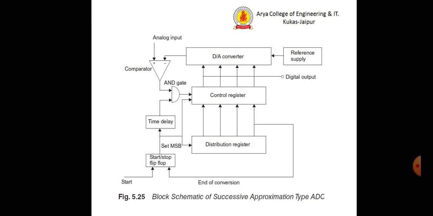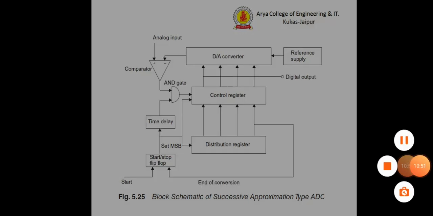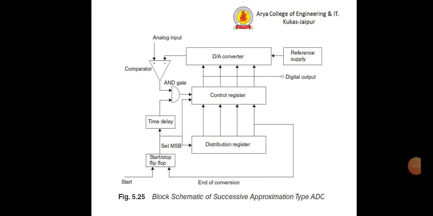When the input voltage and the output of the D to A converter coincide, the end of conversion signal is generated in the distribution register through the control register. The conversion time is less here compared to the counter ramp technique since comparison starts from 1000, not from 0000.